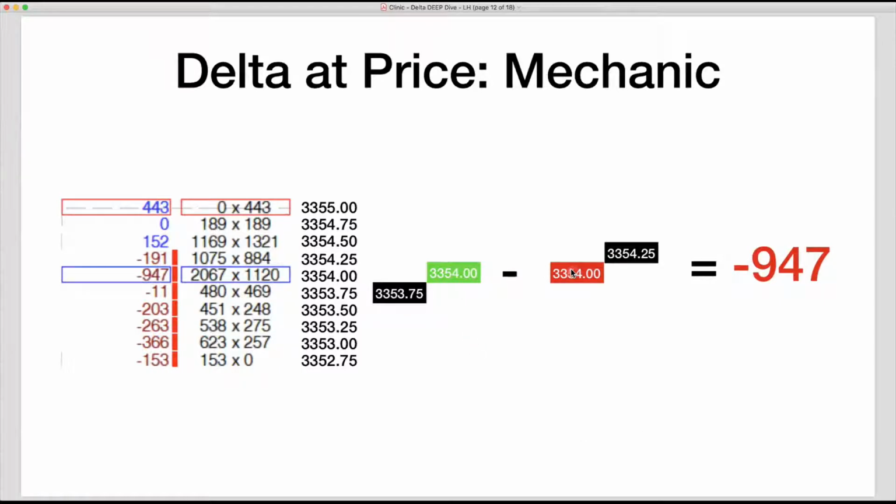Was it a price which was more popular to be lifted or to be hit? So we can now really start to understand the story of every price level during the auction by considering the delta at this price level. So that's the mechanic for how we get to these numbers, but how do we interpret it?